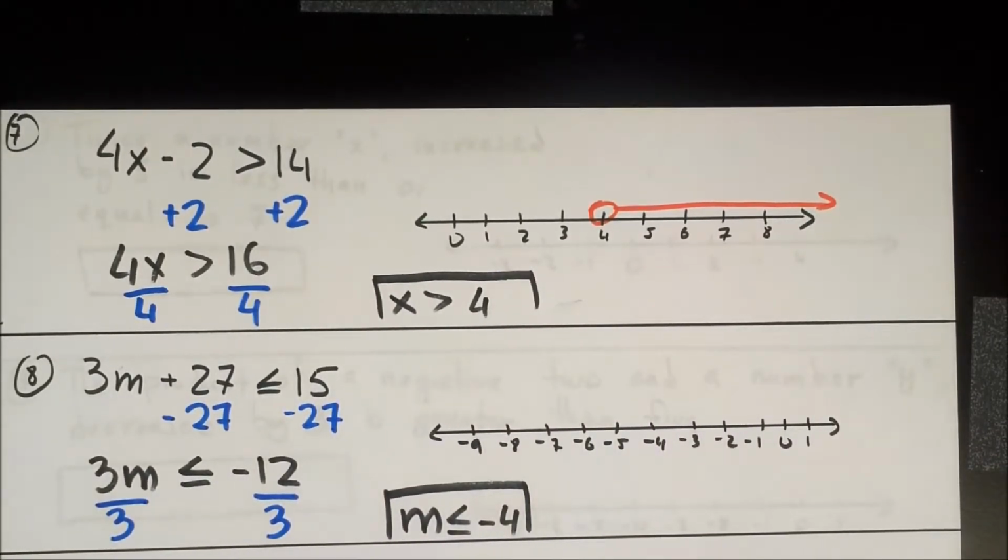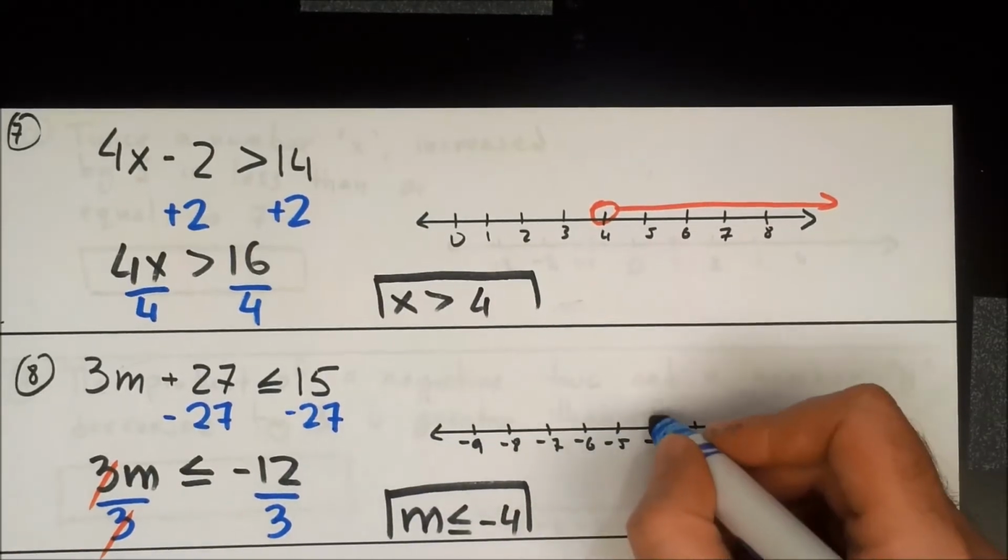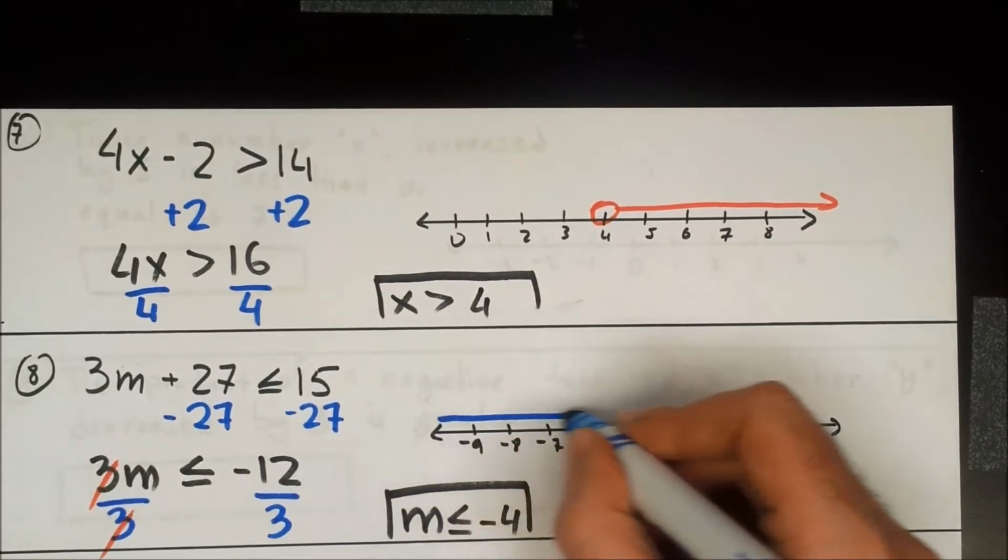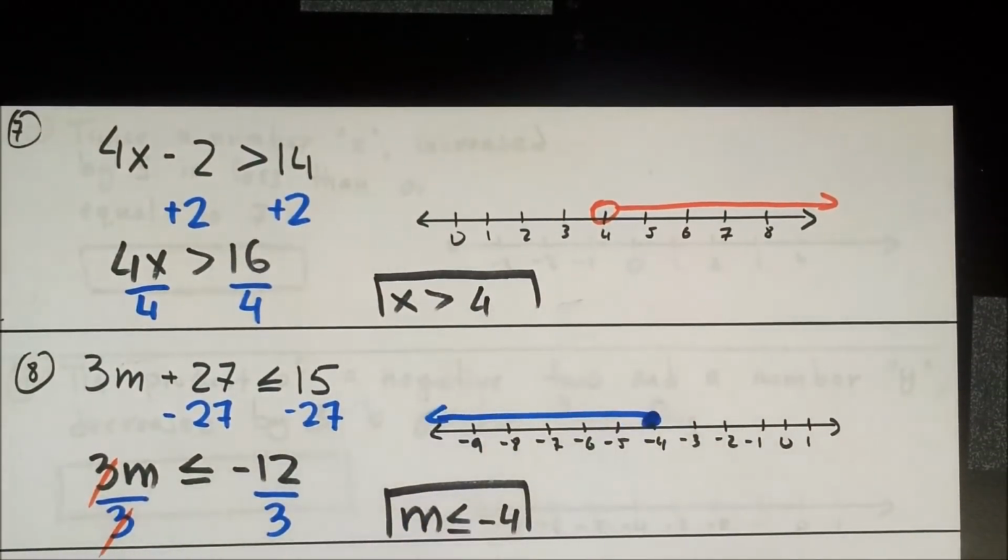And that's all that she wrote. Closed circle, heading left at negative 4. Questions on number 8? Number 9 is coming up.